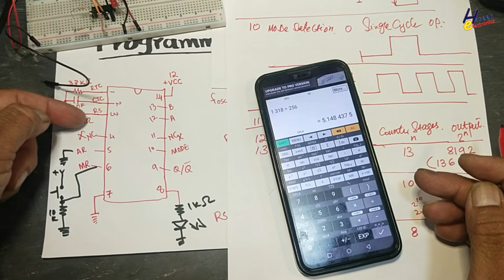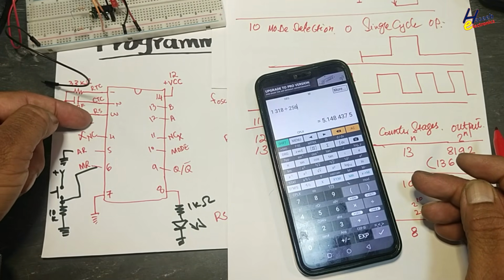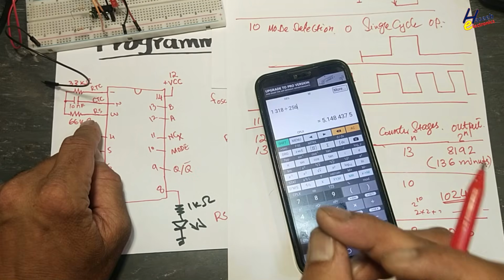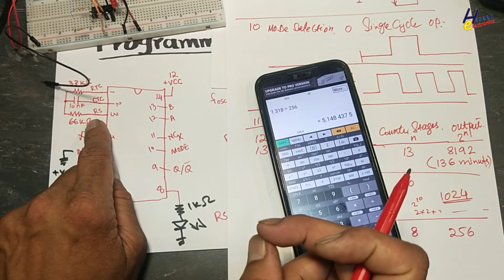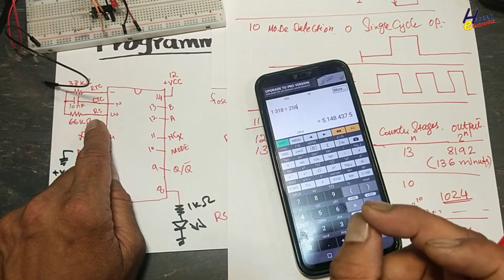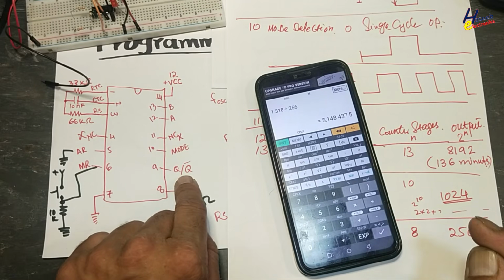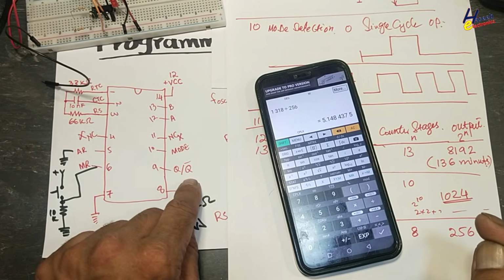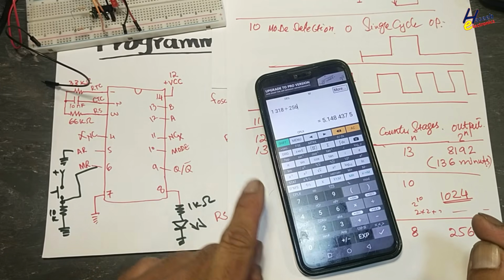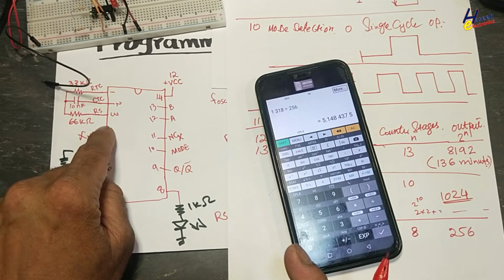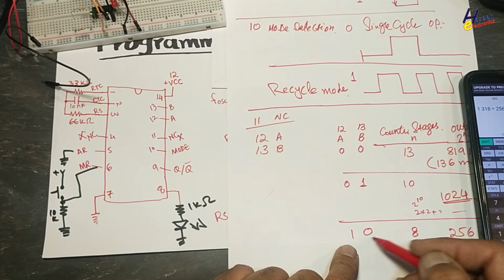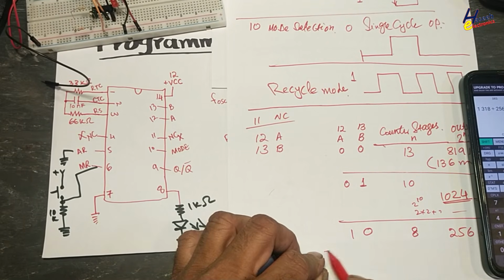We injected frequency 1318 Hz, or if we provide 256 Hz, after 256 pulses in 1 second, output will appear. That means if we inject 256 Hz, the output frequency will be 1 Hz, because it is dividing the input frequency by this number, which we selected by this combination 1 0.